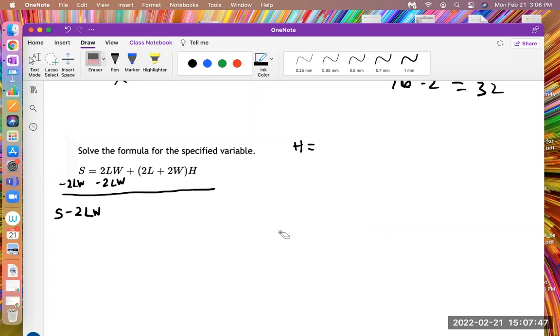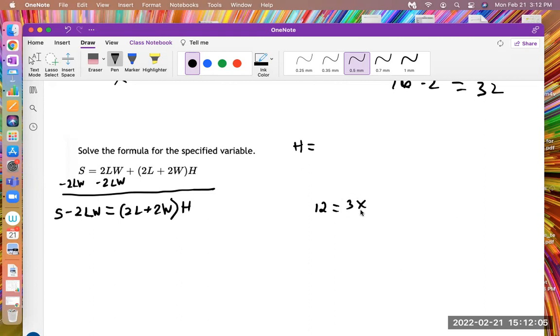On the other side, I have 2L plus 2W, all multiplied by h. I just have this stuff times h. You have to remember, if I have an expression like 12 equals 3x, the x is being multiplied by 3.